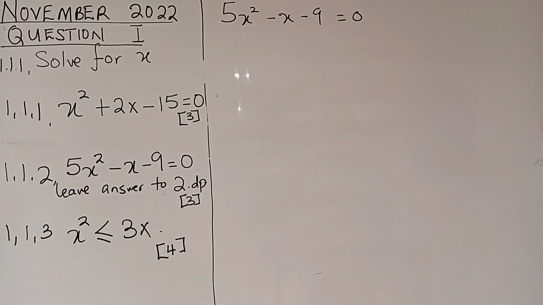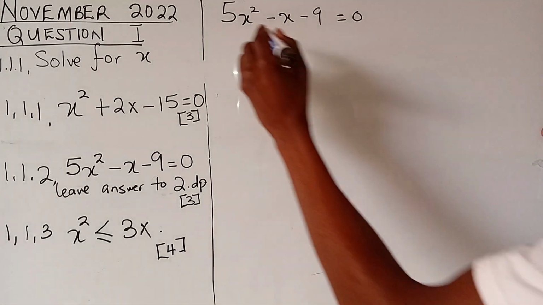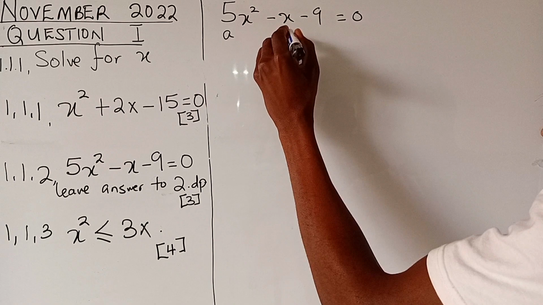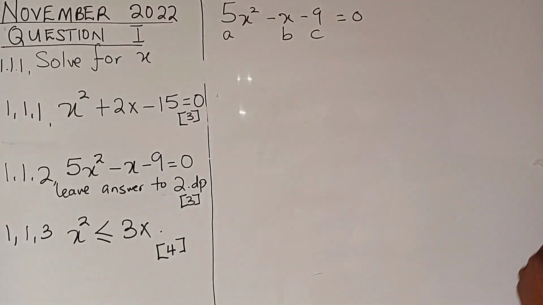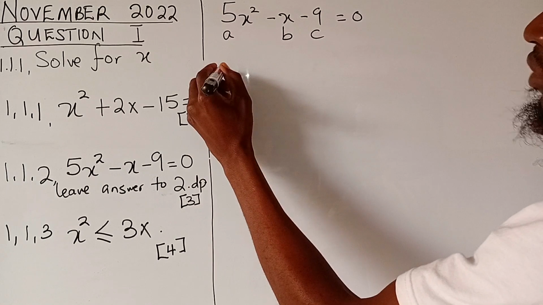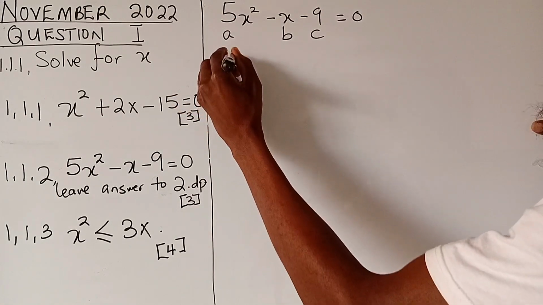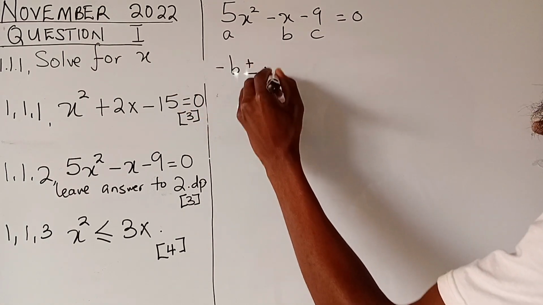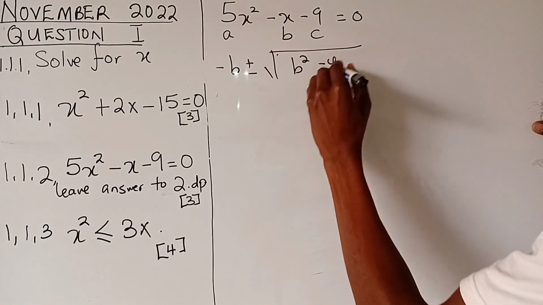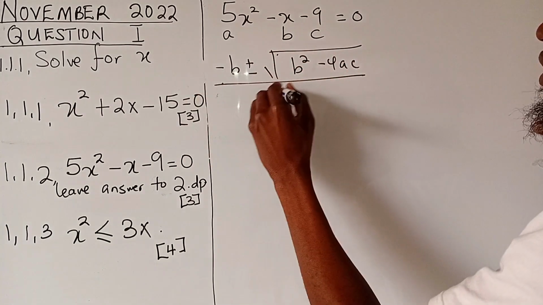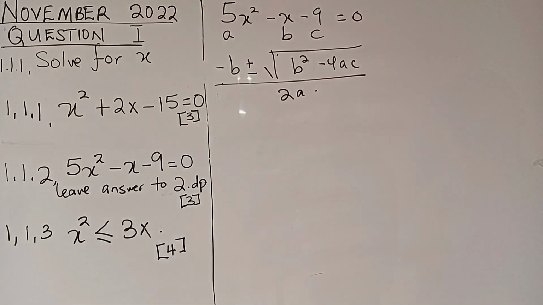So if you are using the quadratic formula, then automatically this becomes our a, this becomes our b, and this becomes our c. So our quadratic formula is in the form of minus b plus or minus square root of b squared minus 4ac, all over 2a.